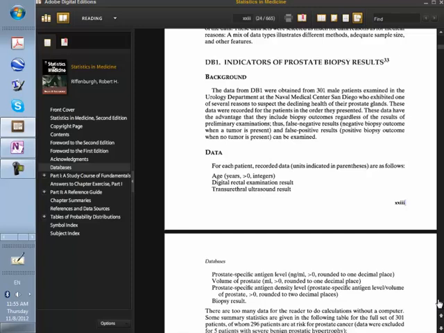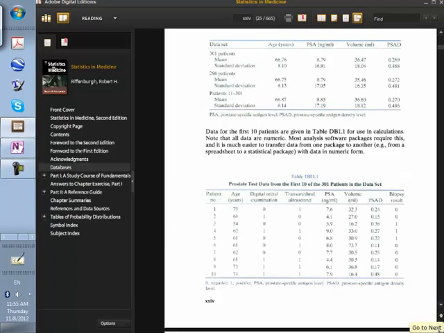So we have several data for these people: digital rectal examination result, which I guess you all understand what that is, and transurethral ultrasound result, where basically you go close to the prostate and you try to see the abnormality of the shape. Abnormality of shape of the prostate is a good indicator that something's wrong there, but then that thing might be benign.